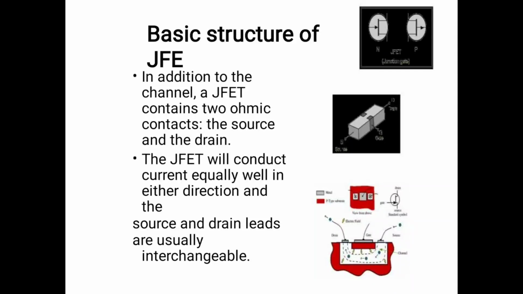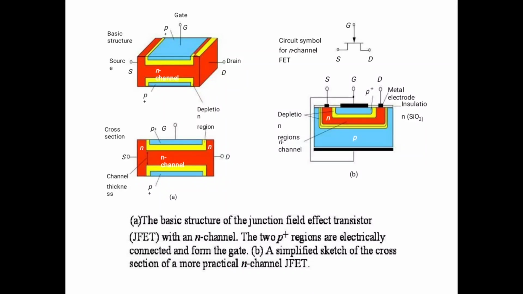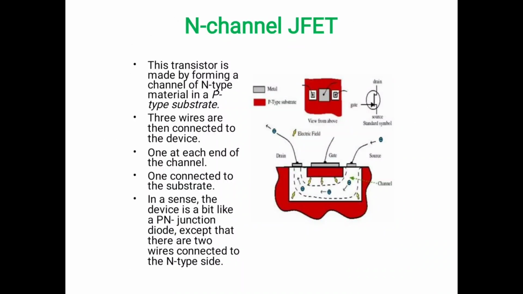The basic structure of the JFET contains many contacts, source and drain. The JFET will conduct current equally well in either direction, so source and drain are usually interchangeable. In the basic structure of the n channel field effect transistor, two p plus regions are electrically connected to the gate. This is a simplified sketch of the cross section of a more practical n channel JFET.